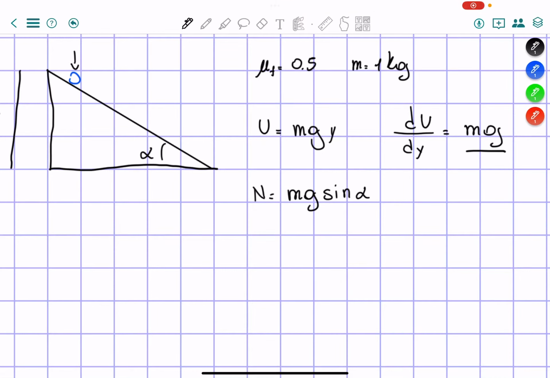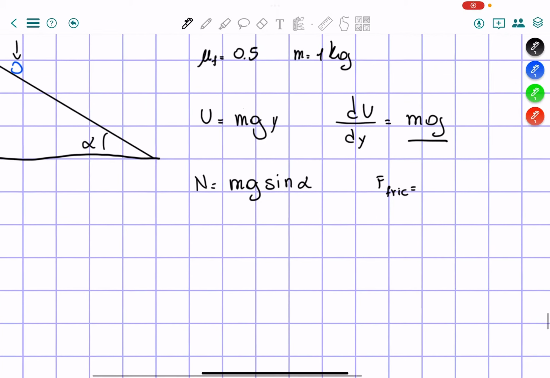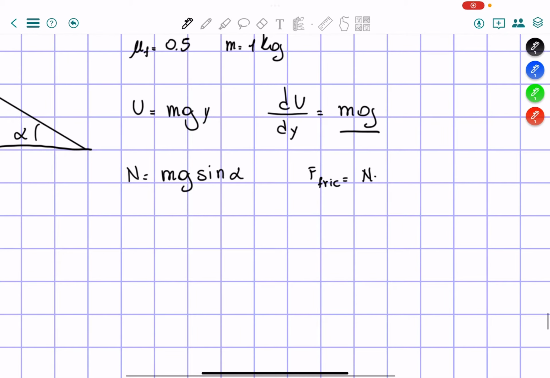In order to find the friction force, I would then have to multiply by the friction coefficient, mu. So the friction force would be equal to N times mu, which is equal to mg sine of the angle alpha times our coefficient.